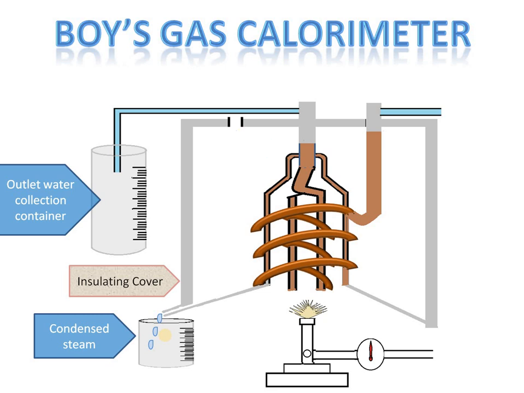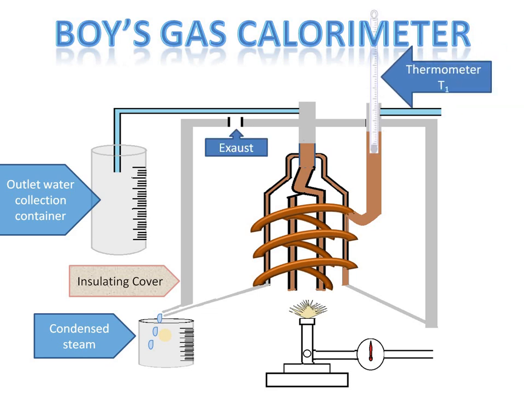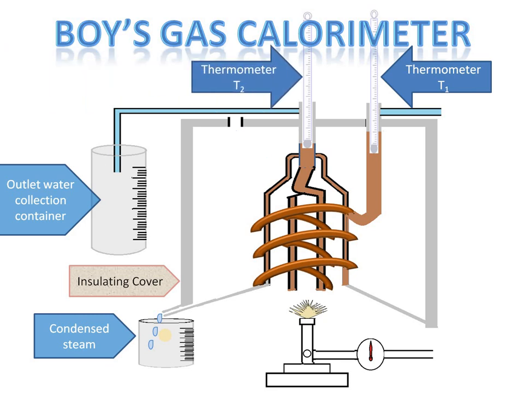The next component of Boyle's gas calorimeter is the thermometer. First is the thermometer T1, which is placed at the inlet of water and measures the temperature of incoming water, while the second is thermometer T2, which is placed at the outlet of water and measures the temperature of outgoing water.